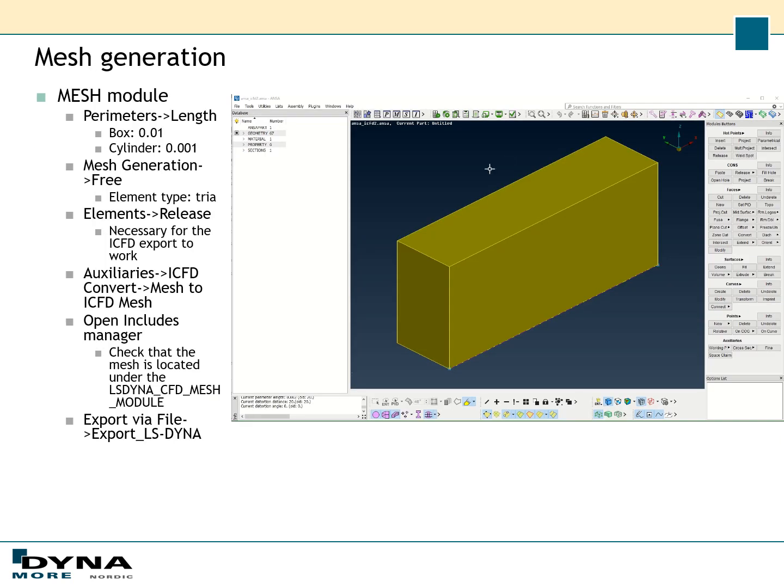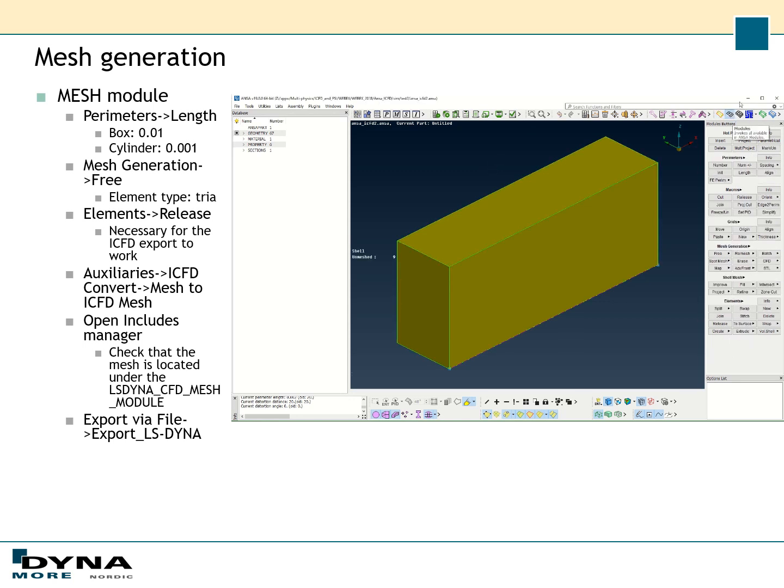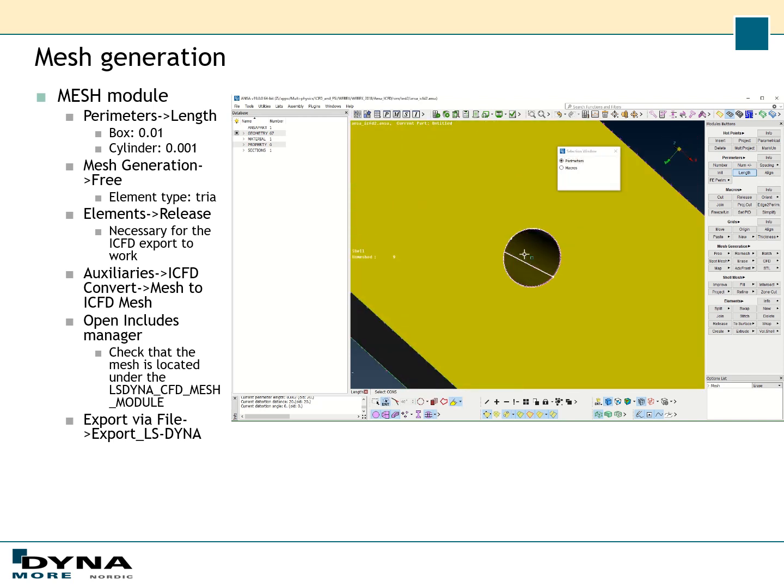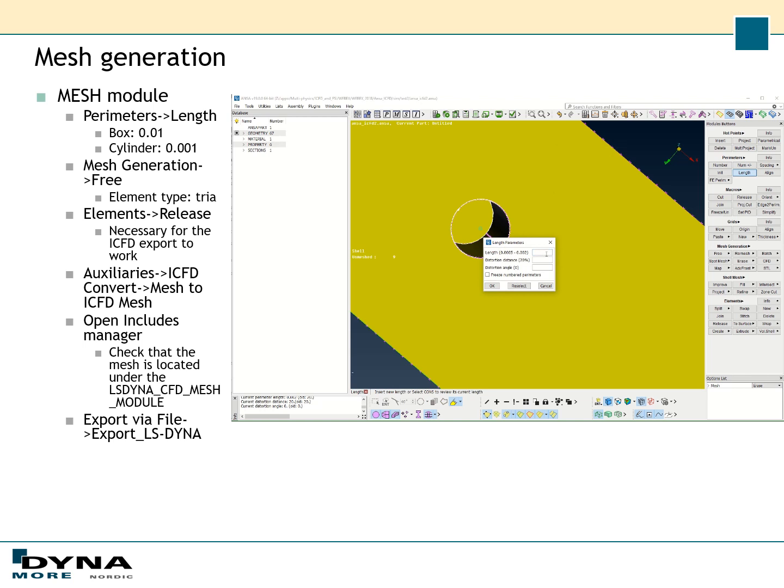Okay, so the next step is to create the surface mesh for the geometry, and to do that we go to the mesh module, and we first need to set the perimeter length for the different edges. So we pick perimeters and the length. We can start by picking the edges of the cylinder, and we set the length of them to 1 millimeter.